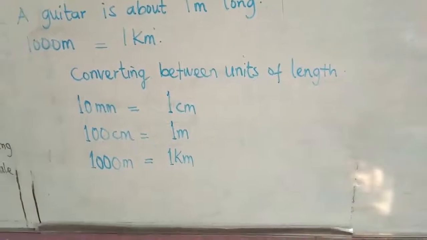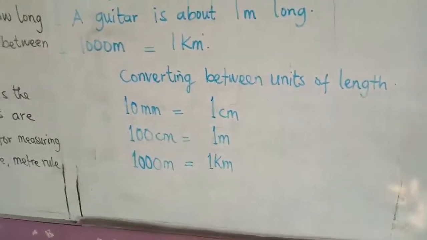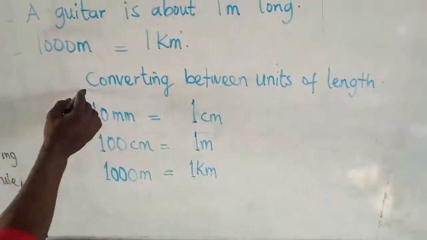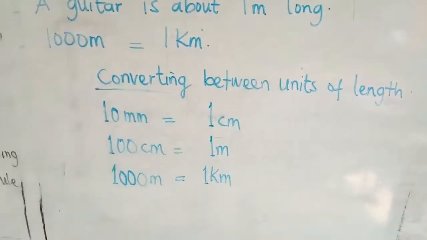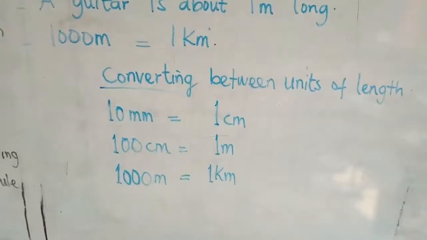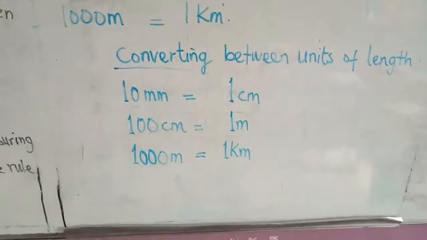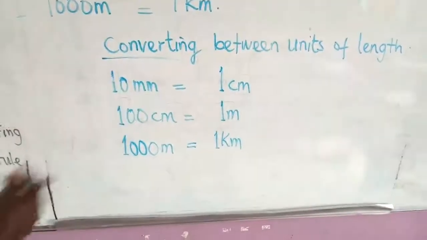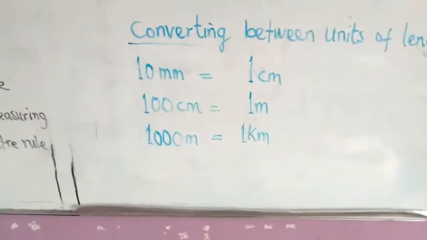Alright, now let's see how to convert between units of length. Now, to convert from millimeter to centimeter, the conversion factor is 10. 10 millimeters make 1 centimeter.